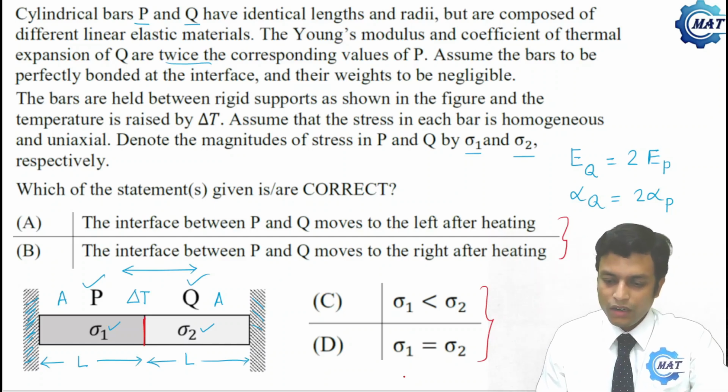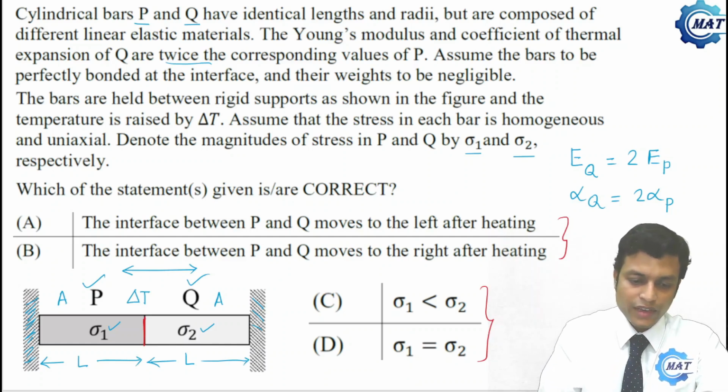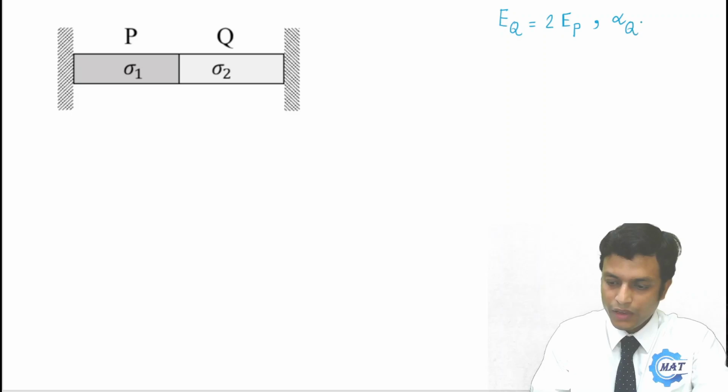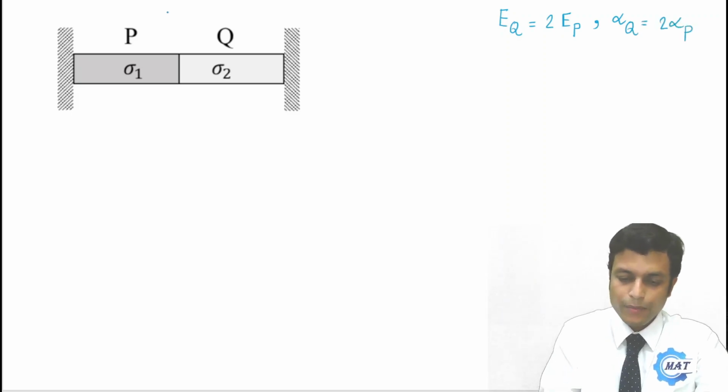So first of all, let us come to the figure. This is the figure, and the given parameters are that EQ is twice EP and alpha Q is also twice alpha P. Now the temperature is raised by delta T, but these two are rigid supports.